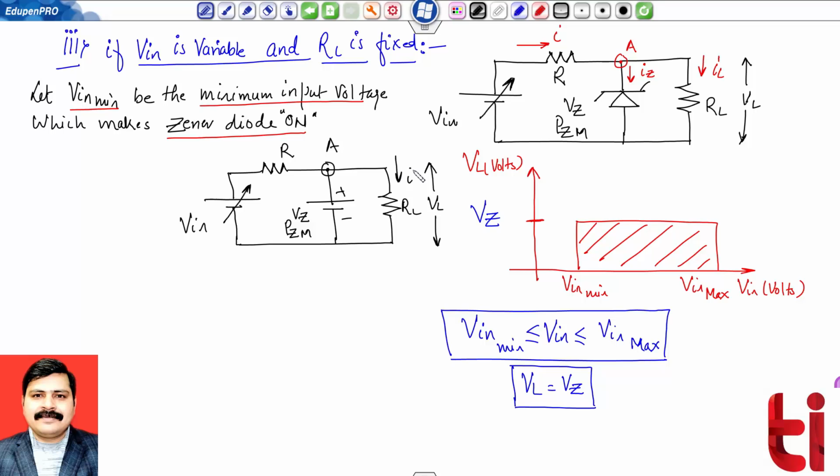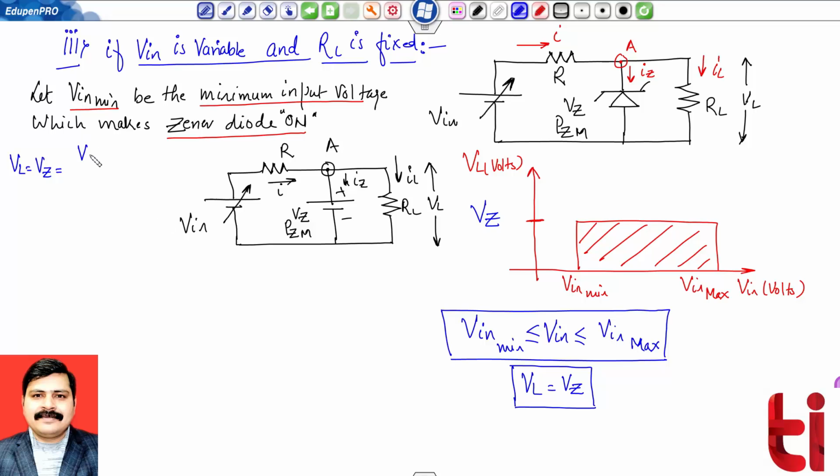The current flowing through here is IL, this current is IZ, and this current is I. So first thing, you can check that my output voltage in this situation, VL, will be equal to VZ, and this should now be taking the minimum value.